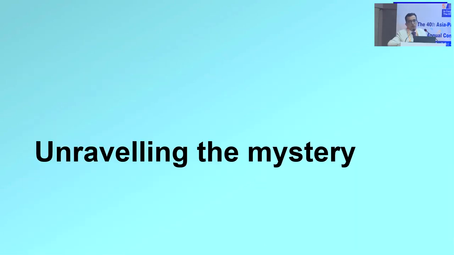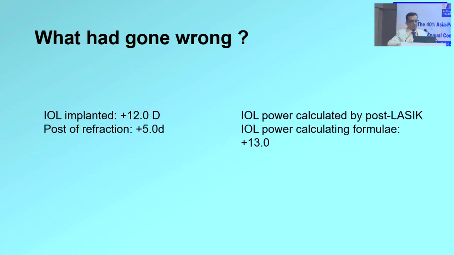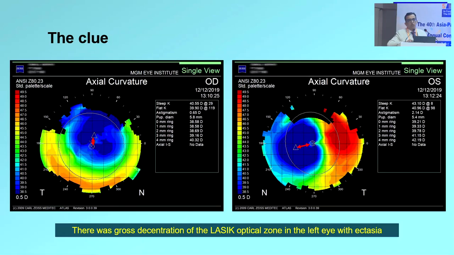So what had happened to our patient? The ASCRS IOL power calculator did not actually give us the true picture. We were getting 13 diopter, implantation was 12 diopter, but 5 diopter error was there. The clue came when we went back and did a topography and examined the pattern. On the right eye the zone of ablation is well centered, whereas in the left eye that was operated, the zone of ablation is decentered.